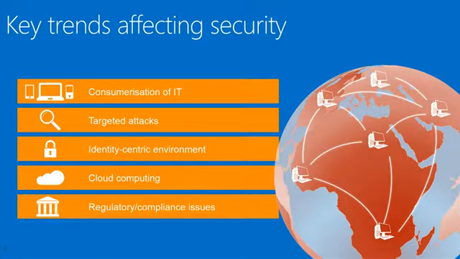Regulatory and compliance issues. Regulatory and compliance issues across all countries across the world have increased in the interest that governments have over data sovereignty, data protection, and these things. I have a list here from governments in Australia, Brazil, Canada, China, Germany, India, Poland, US, UK.